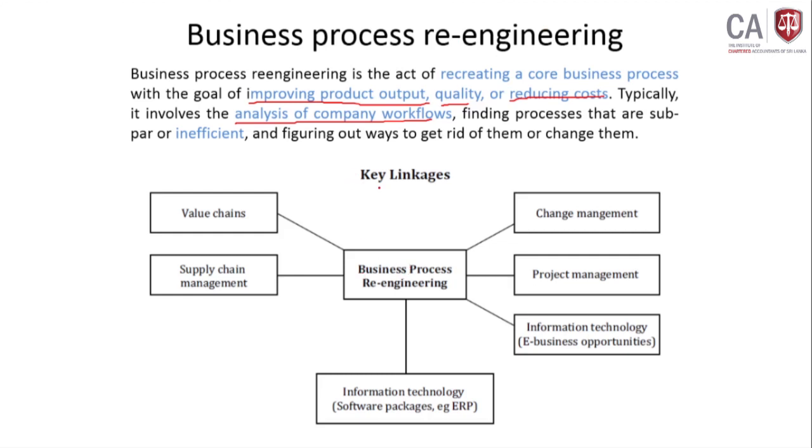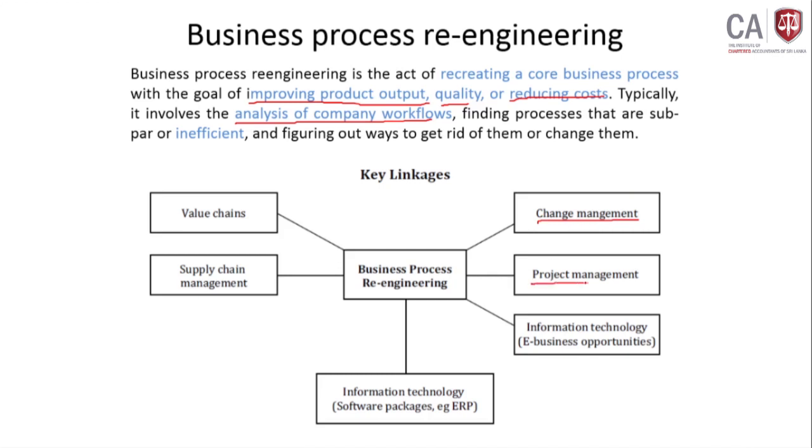Some of the key linkages in business re-engineering are change management. When you are re-engineering and changing the business processes, change management comes into action. It means how the employees will react to the change, how the customers will react to the change, and how the other stakeholders will react to the change.